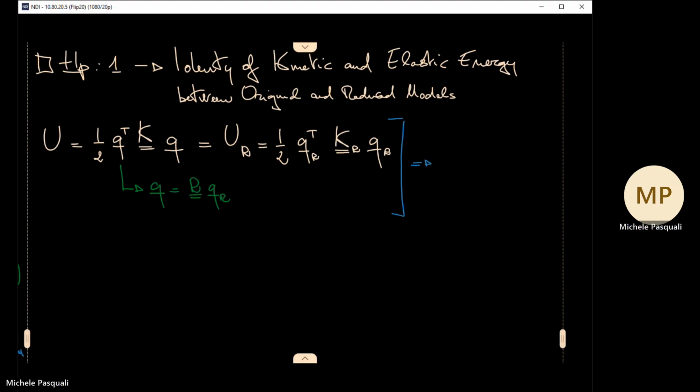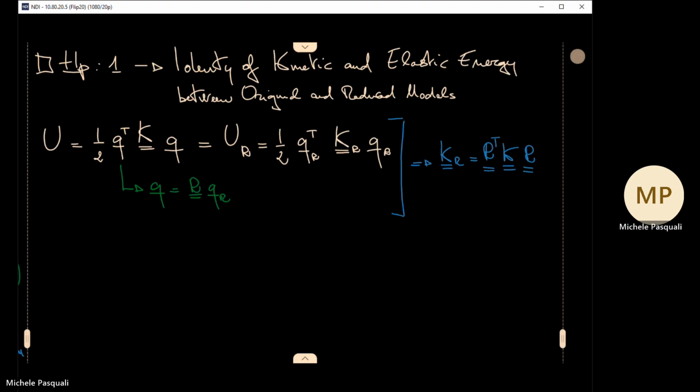This K_R is equal to R transposed applied over K applied over R. Is it clear? I think it's pretty straightforward, no? And the same goes for the kinetic energy. So these are relationships that eventually will be useful once we have to determine R.